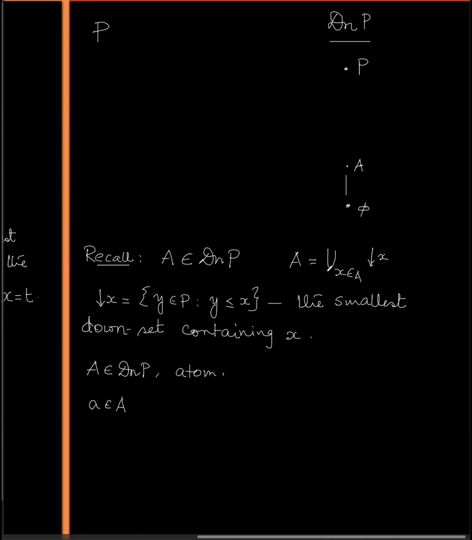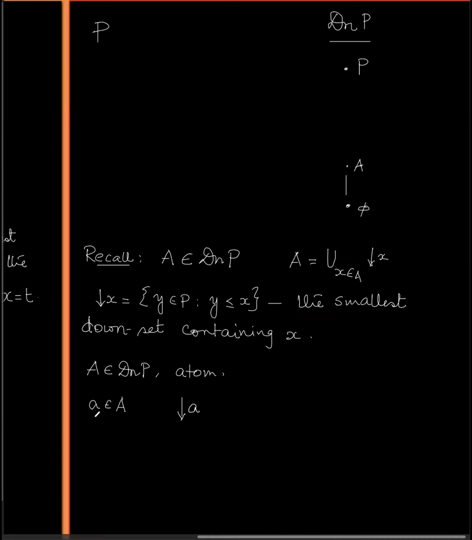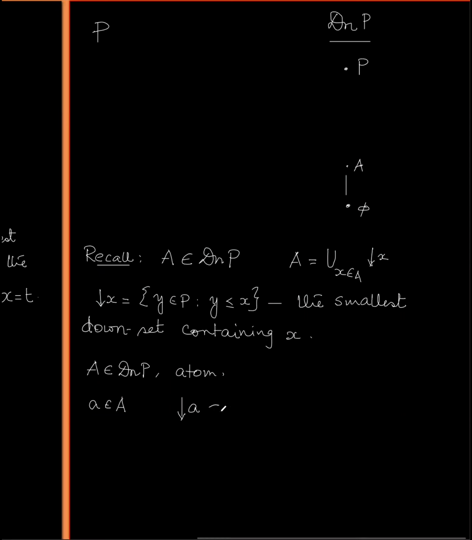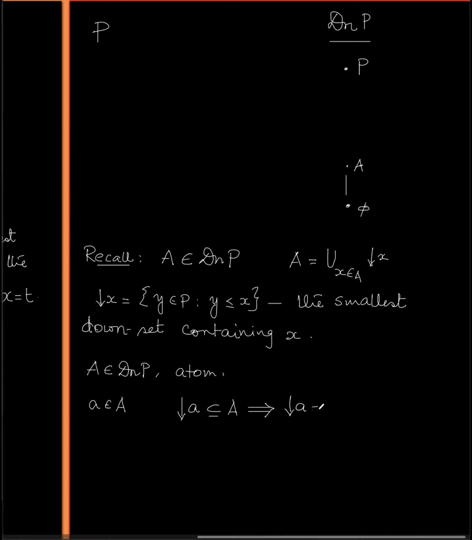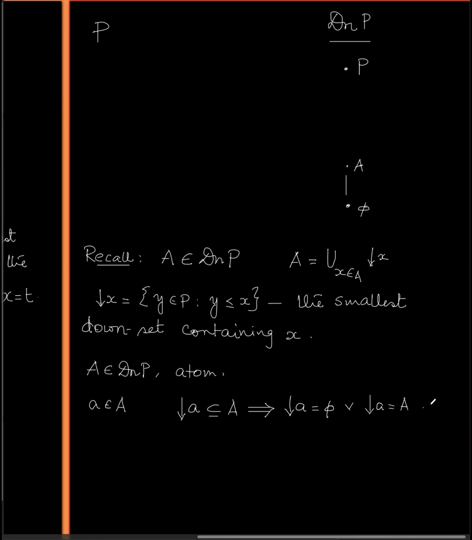Then this picture tells me that the principal downset containing small a is a subset of A. But A is an atom, so it forces that either this is the empty set or this is equal to this.